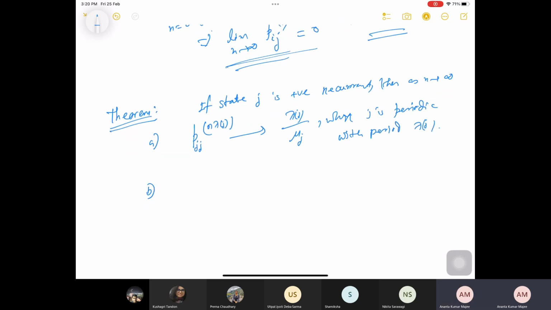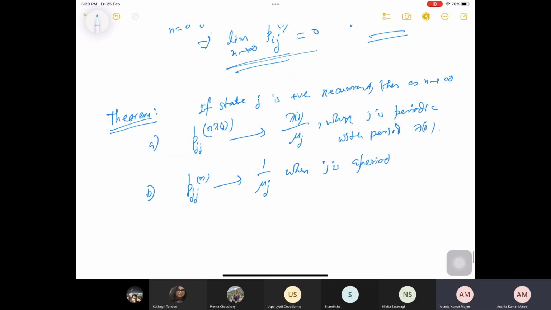So what happens if it is aperiodic? If j is aperiodic, then Pjj of n converges to 1 by mu j. In that case lambda j is equal to 1, so it is exactly the same kind of thing; it agrees for both cases.